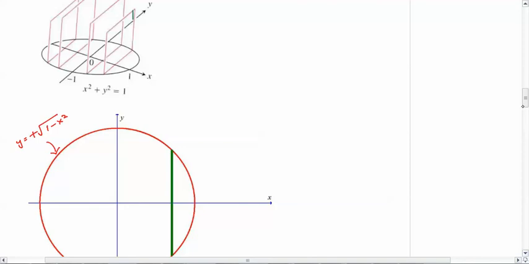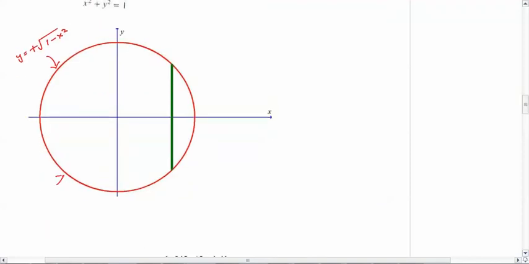The bottom half is y is the negative root of 1 minus x squared, and its radius is 1, so these 2 points on the x-axis are negative 1, 0 and 1, 0. Okay, so that's looking down at my diagram.